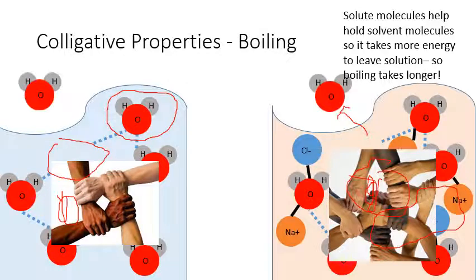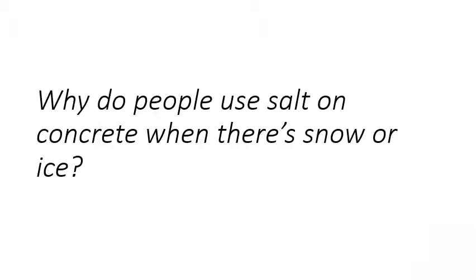That means you have to give more energy or a higher temperature, and it takes more energy to boil water that has lots of stuff hanging onto those waters and helping them hold in place than water that just has a few. So that's why water boils at a higher temperature, because of all these extra molecules hanging onto each other. So that's why these happen. That's the colligative properties of solutions in terms of boiling or freezing points.